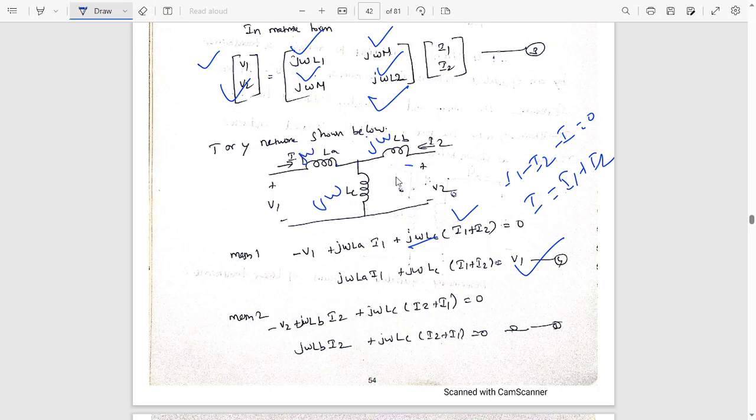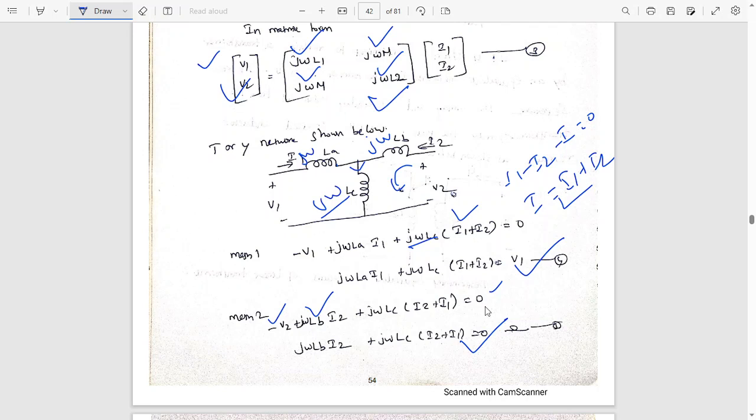Here the current is in the anti-clockwise direction, so minus V2, j omega LB into I2. Here the current is I1 plus I2 as we already discussed, and the value is j omega LC. So plus j omega LC (I1 plus I2) equal to 0. I can rearrange and write equation number 5.